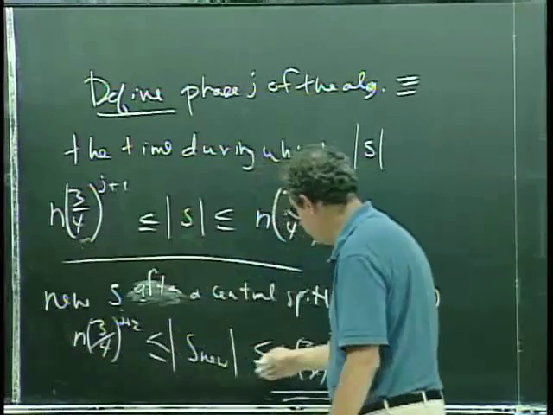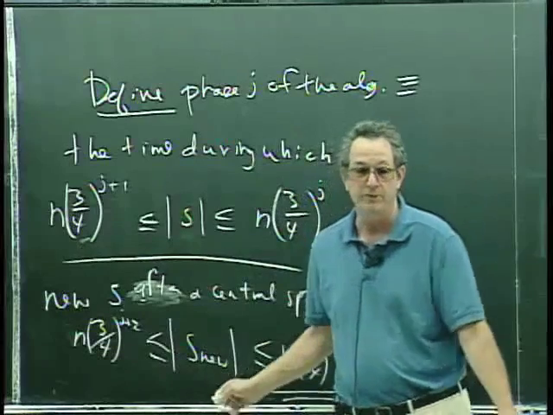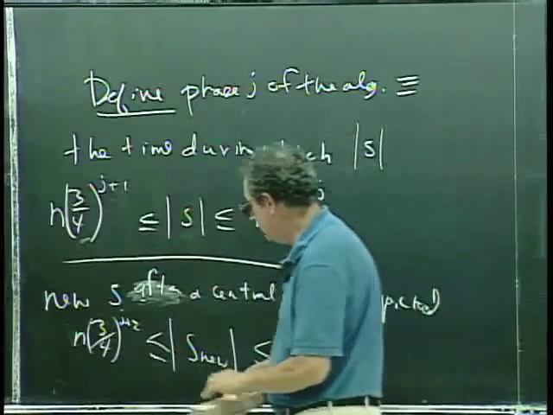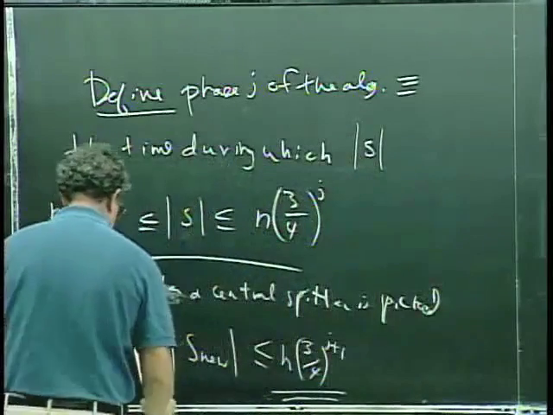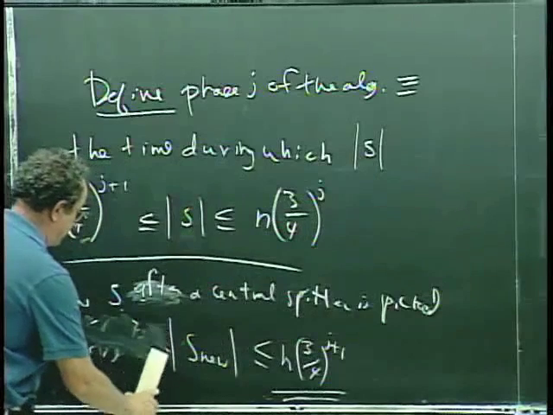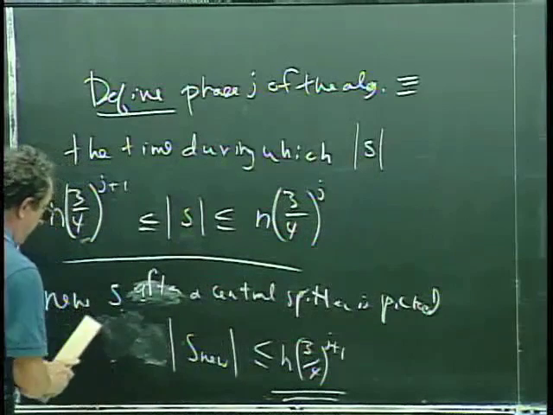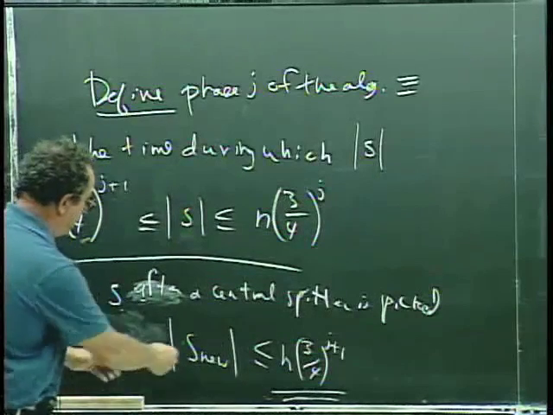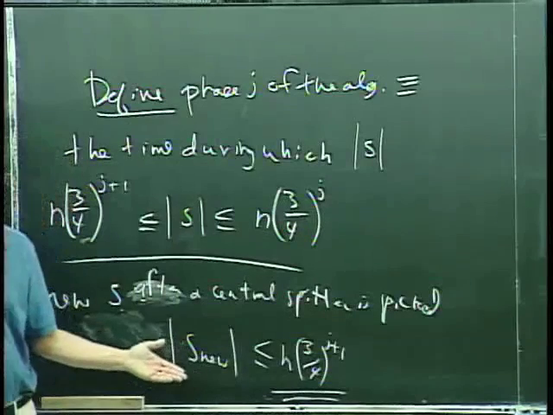So now you're less than or equal to that, so you can't be in phase j anymore. So let me get rid of this part because we don't need it. I was a little bit unhappy with what I was saying when I wrote it up anyway. But this is enough to say we're not in phase j anymore.